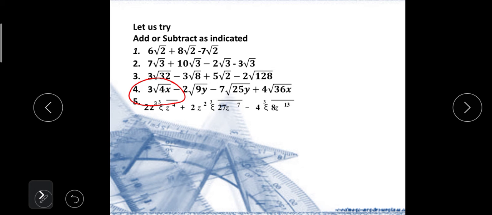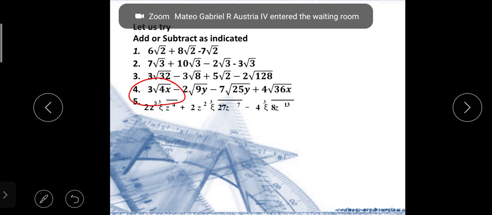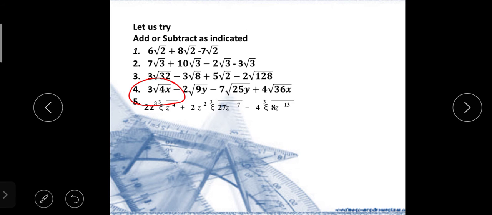Remember, ang pwede lang natin ipag-combine ay yung pareho ng degree at pareho ng variable. So, ibig sabihin, magfo-focus lang tayo kung paano natin pagsasamahin itong may square root na may variable na x, yung parehong merong x, and then hiwalay itong parehong y.